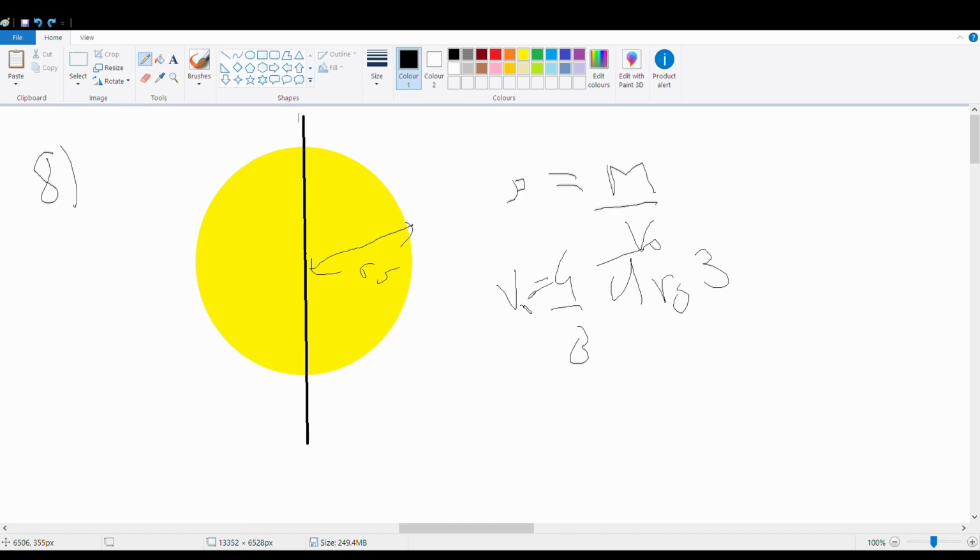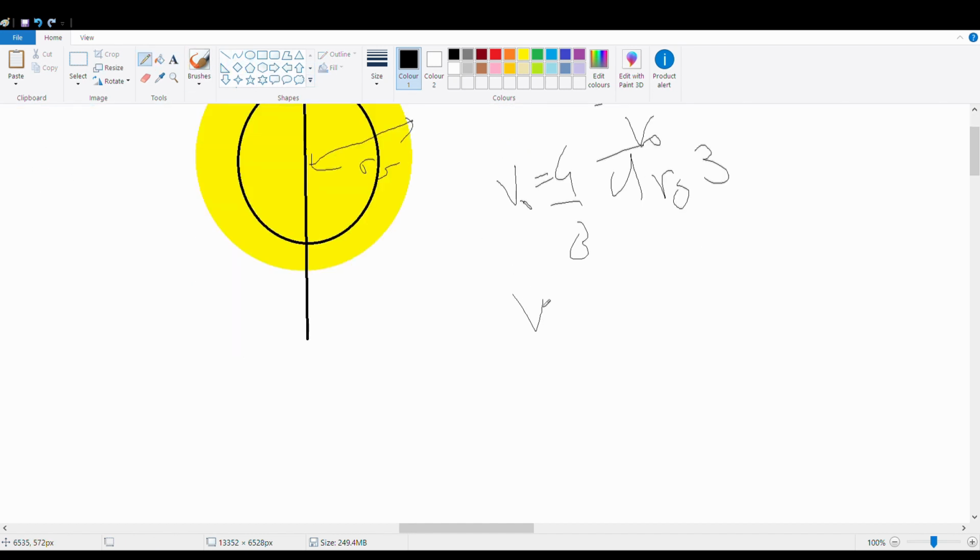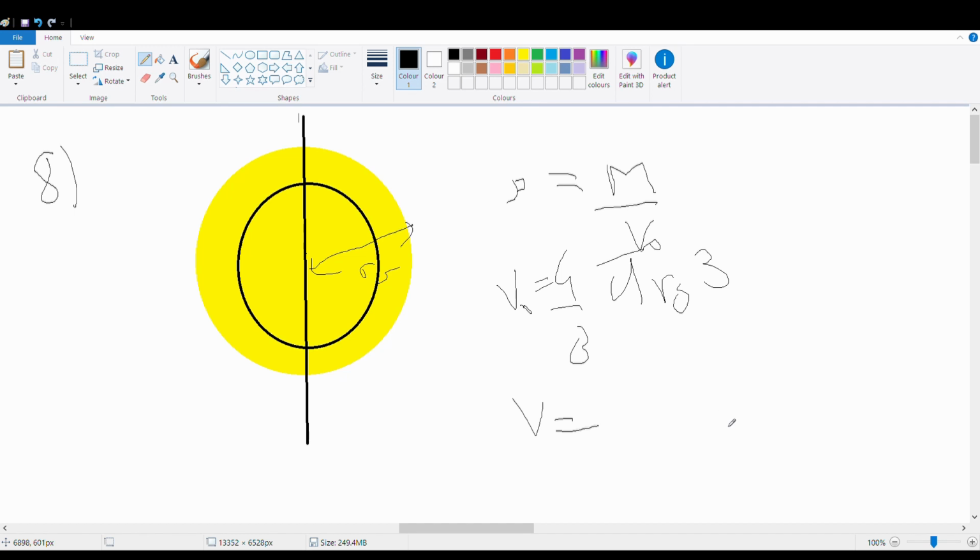While this is the total volume, the volume of any shell of thickness dr can be found as follows. v is equal to 4 by 3 pi r cube if it has a radius of r.